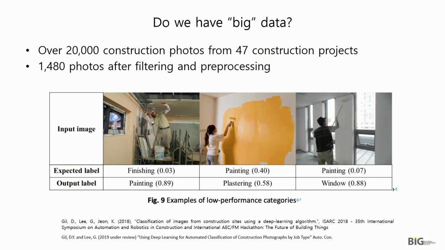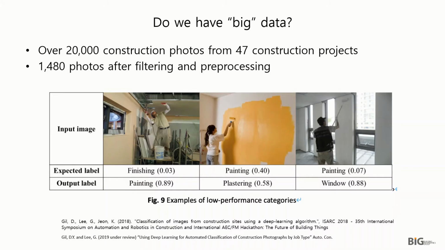Can you tell the job type? No. Think about a picture of a worker. That's not a job type photo. So only about 7% of pictures could be used. You need a lot more information, and out of that, you can utilize a tiny bit of it for your purpose. So we need a lot of this kind of thing.